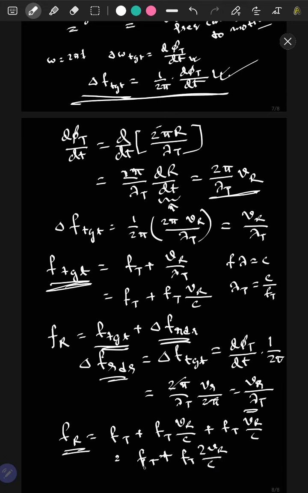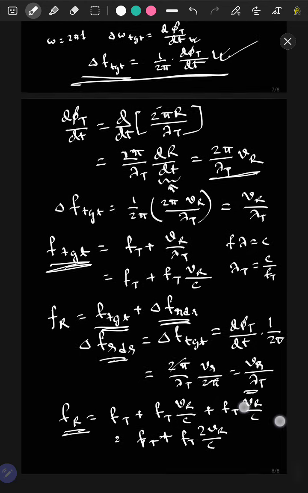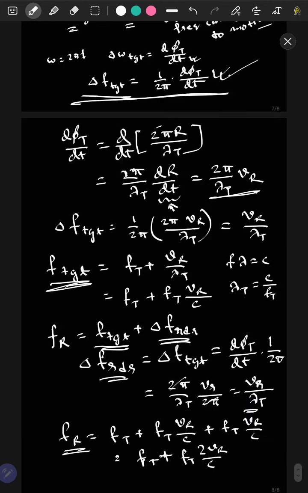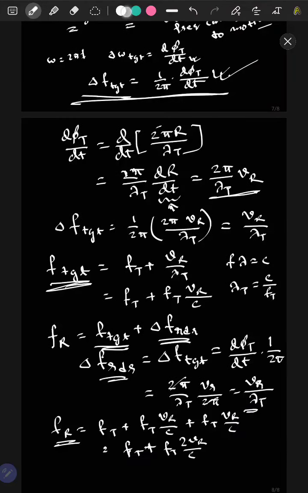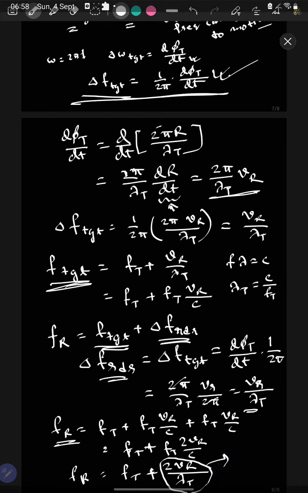This is our received frequency, or we can also write it as received frequency Fr equals transmitted frequency Ft plus twice Vr by lambda t. Now this twice Vr by lambda t is our change in frequency, and this is our Doppler frequency.